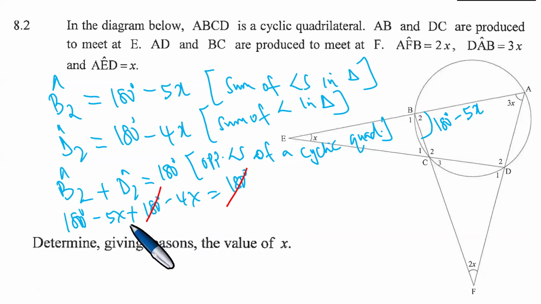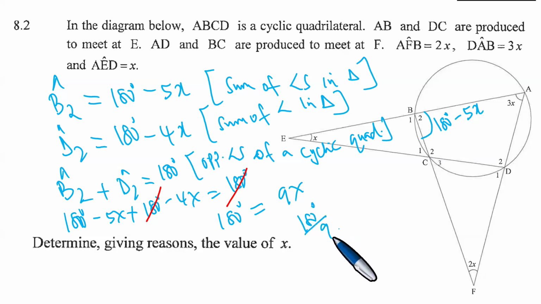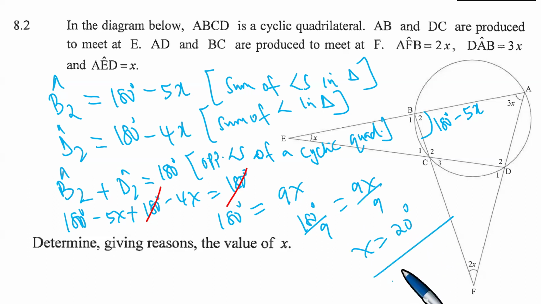And this leads us to the following: 180 degrees equals, now minus 5x minus 4x is 9x. Divide by 9. X equals 20 degrees. So very well done for getting 20 degrees there.